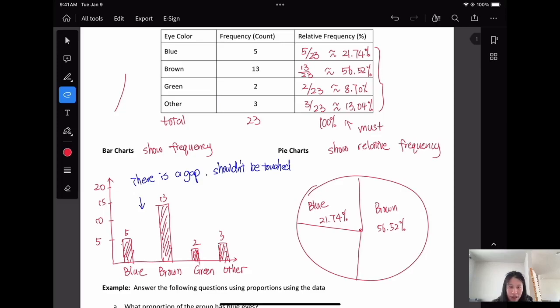The green eyes is 8.7%. The rest of the area is shared by the green eyes and the other color of eyes. We know the other color is slightly more, so we give more space to the others, which is 13.04%. And for the green eyes, we have 8.7%. So here is our pie chart.